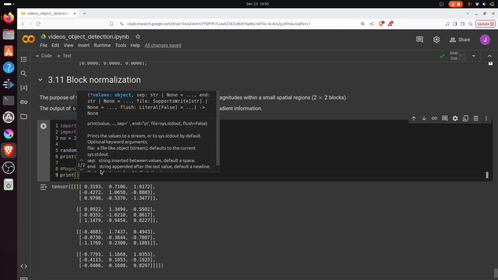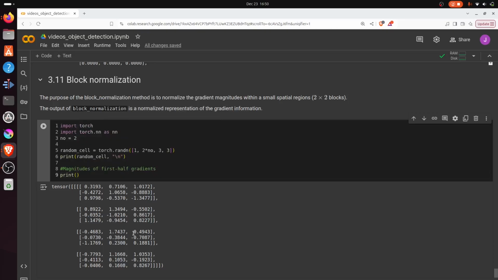Well, look at this, we basically have four rows. Essentially this is a tensor by itself. What I mean is that there are four rows within this overall tensor.